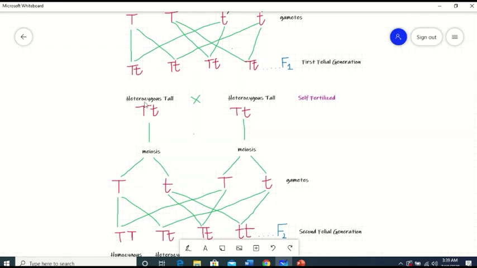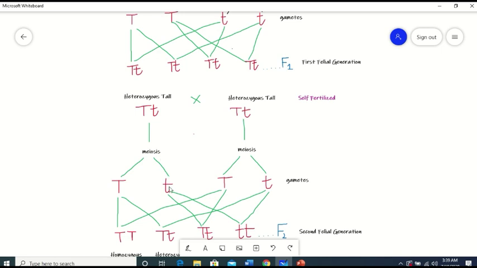Then a heterozygous tall is crossed with the heterozygous tall, or you can say that a heterozygous tall is self-fertilized with the heterozygous tall.